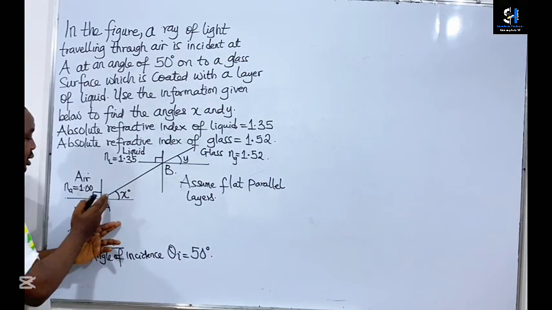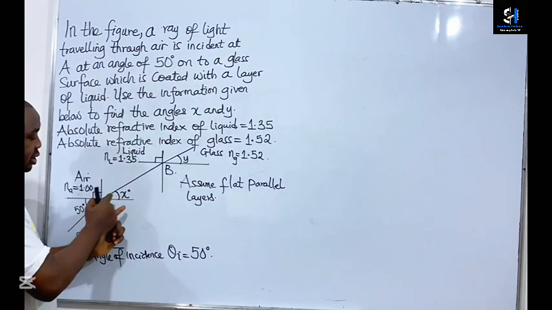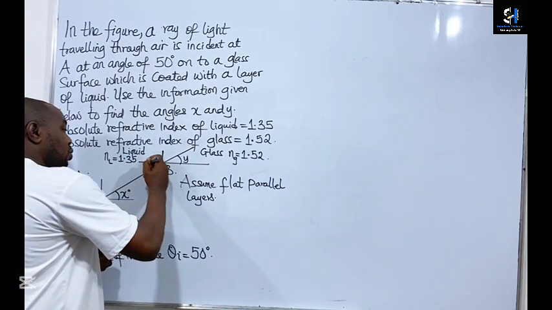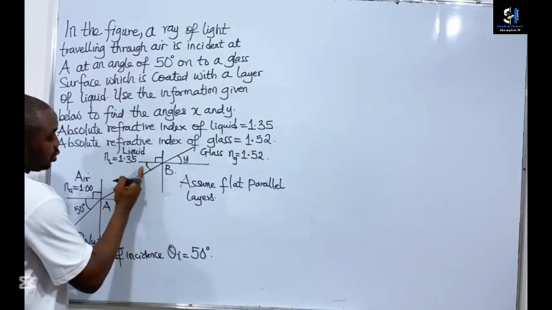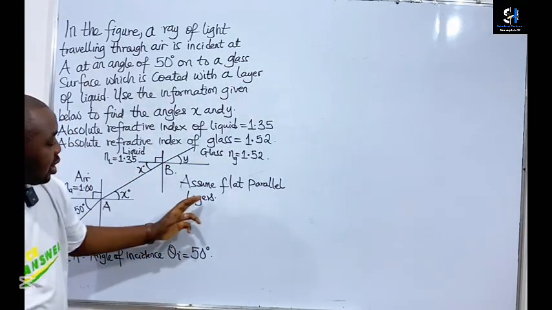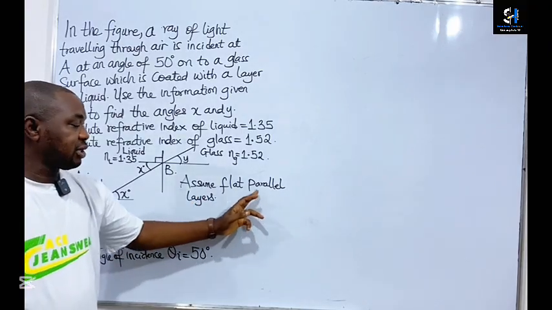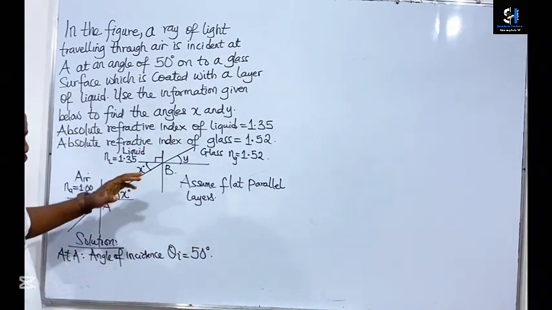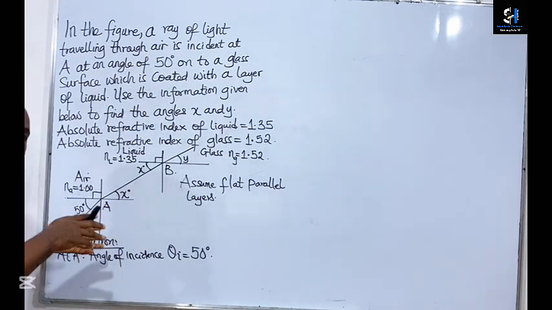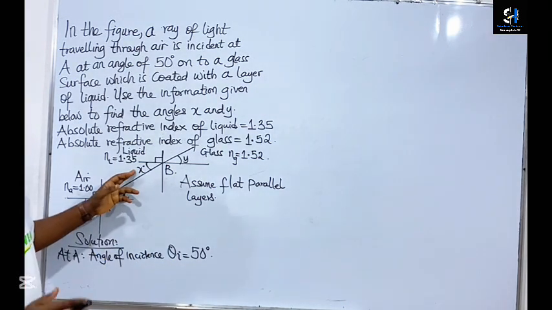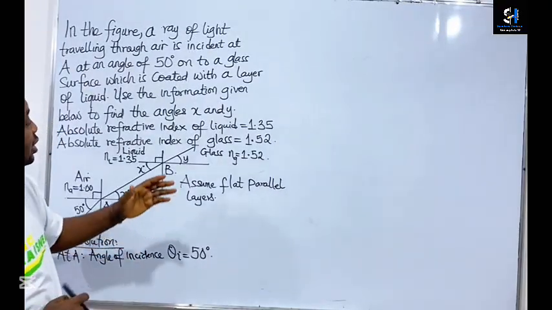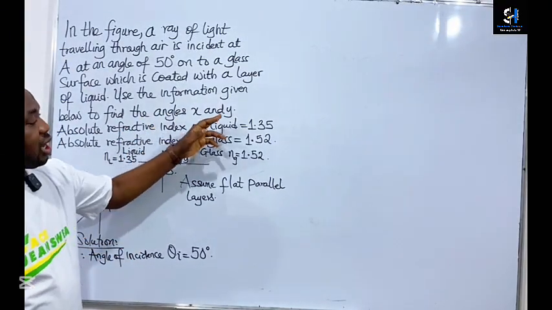Then the angle of refraction x will be alternate to this other angle here. Because we are given that we should assume flat parallel layers, the angle of refraction at A will be equal to the angle of incidence at B. So our task is to find the angles x and y.